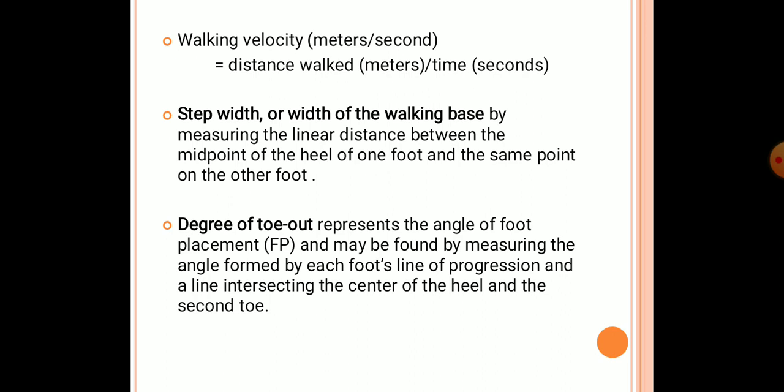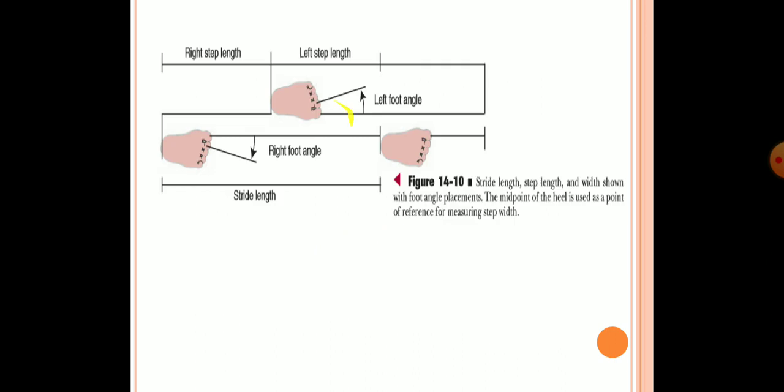How much the toes or the foot are rotated to the side is known as the degree of toe out. It represents the angle of foot placement and may be found by measuring the angle formed by each foot's line of progression and a line intersecting the center of the heel and the second toe. So this is the foot angle.